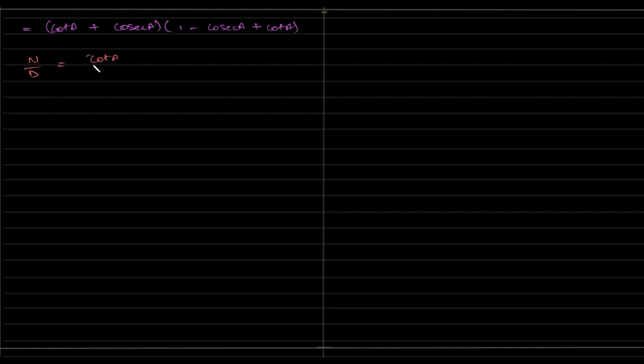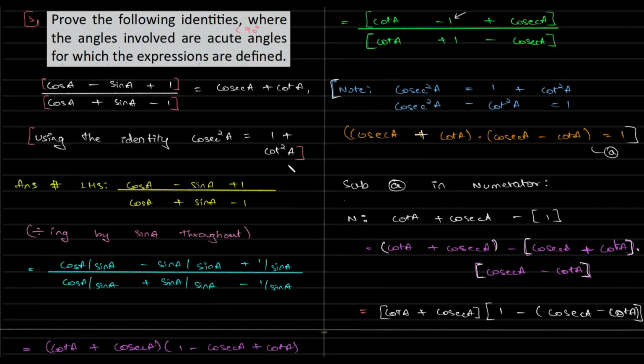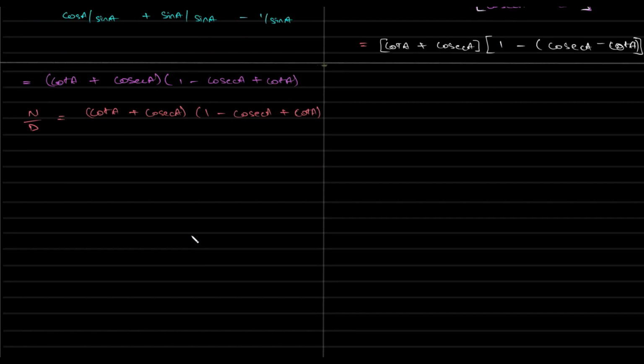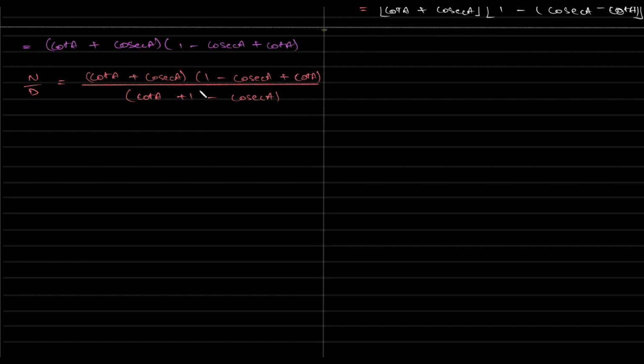The numerator is cot A plus cosec A into 1 minus cosec A plus cot A, while the denominator turns out to be cot A plus 1 minus cosec A. So numerator and denominator have the same terms, is it not?